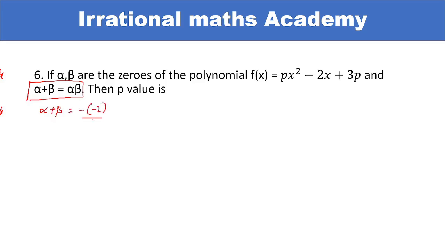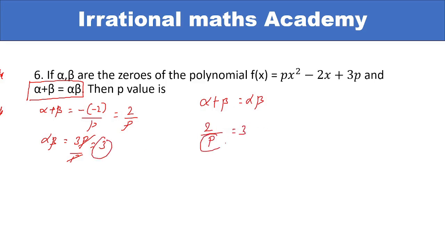So finally what will get it? 2 by P I'll get. Alpha into beta value, what I'll get here? C by A. C by A means what? 3P by P. P gets cancelled. What will get here? 3. What is the condition they give? Alpha plus beta equal to alpha into beta. So alpha plus beta, what is the value? 2 by P. Alpha into beta value is what? 3.